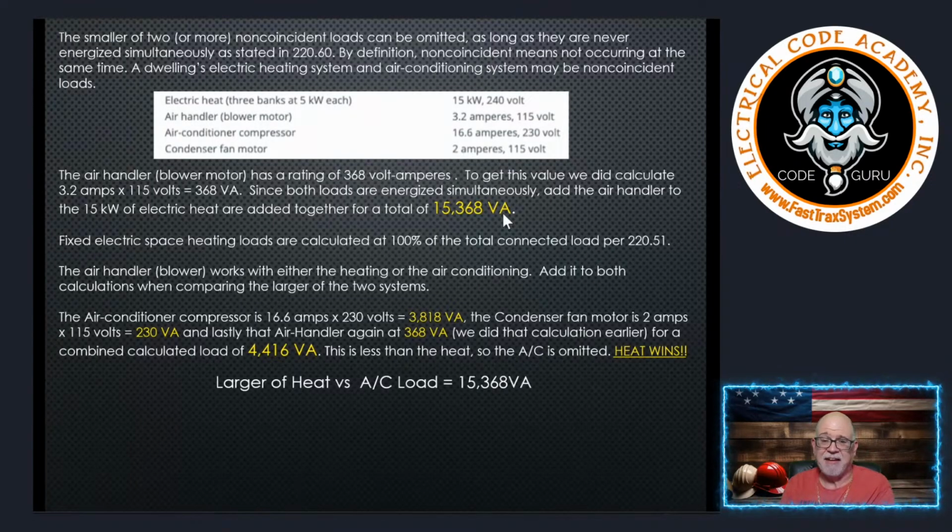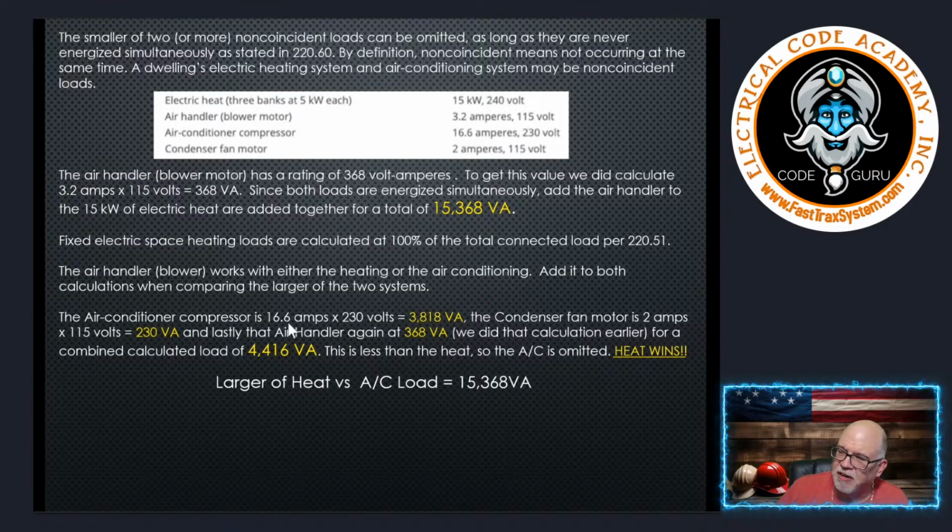You may not have those type of things, or even have that 15 kW central heat package. So the AC may be the larger of the two, but that's why we have to compare. So in our situation, 15,368 is going to be larger than the AC, but we still have to do the math to determine that. So let's look at the AC.